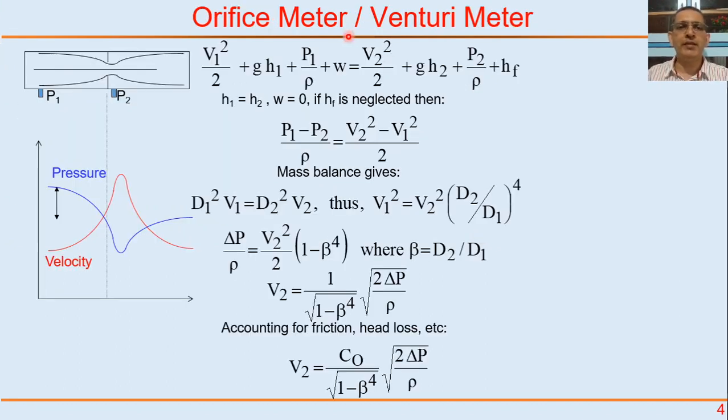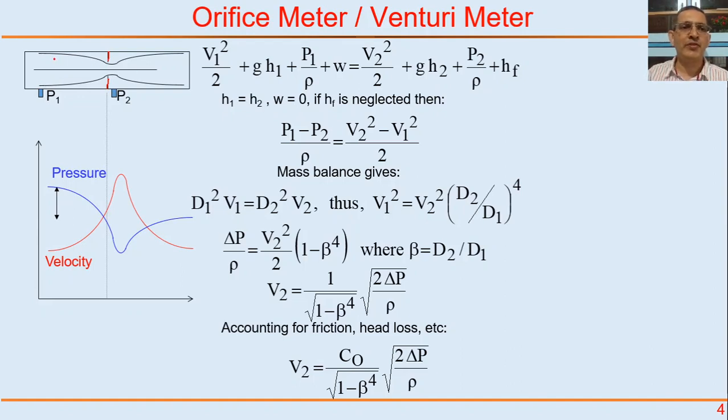So one of the things that we use is something called an orifice meter or a venturi meter. So imagine that this is a pipeline and this is an orifice that is there in the pipeline. This is an orifice plate. Orifice plate, we have seen in the last video, is just a plate with a hole inside, so that the whole flow goes through this hole.